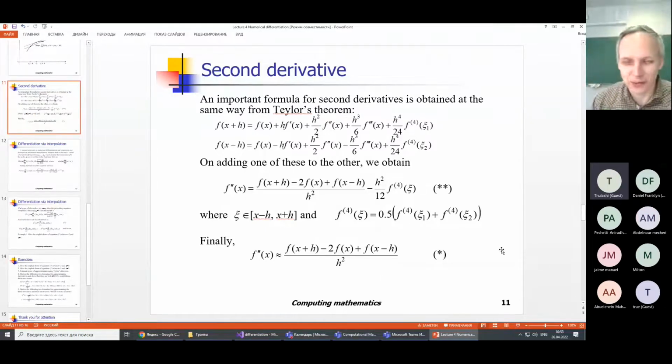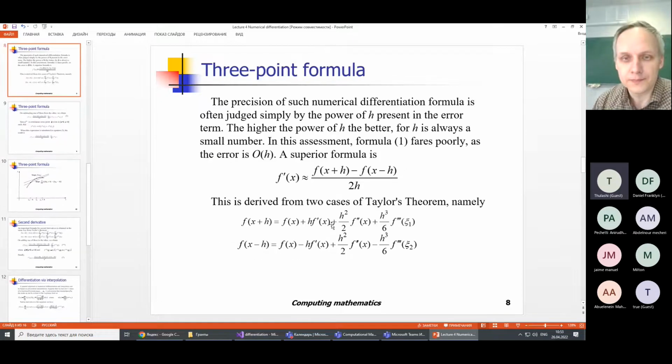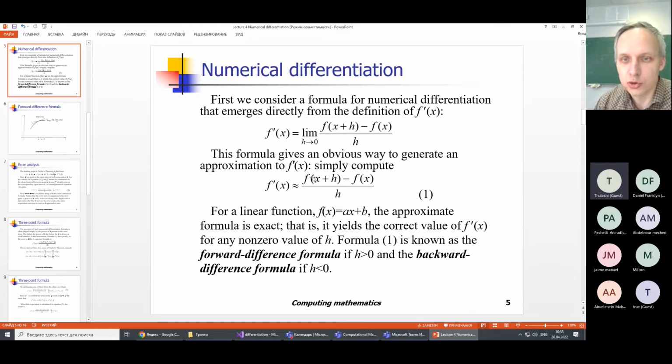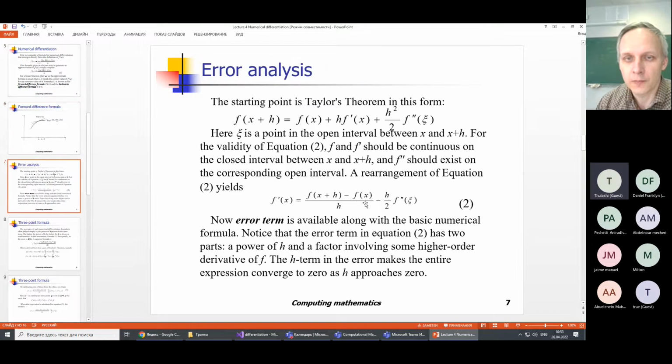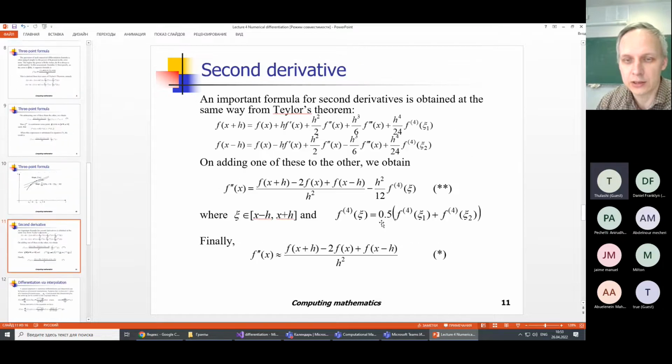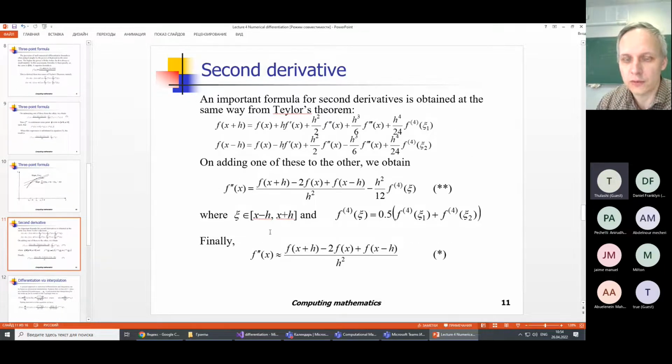Let's briefly review the formulas for numerical differentiation. Three main formulas are written on the board: the two-point formula for the first derivative, the 3-point formula for the first derivative, and the 3-point formula for the second derivative.